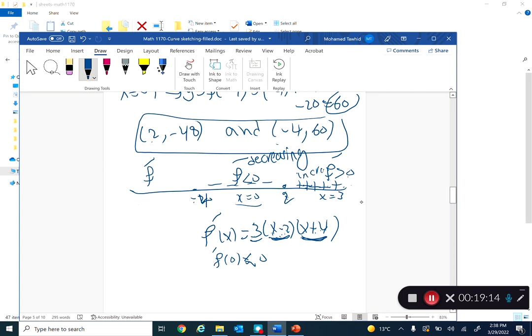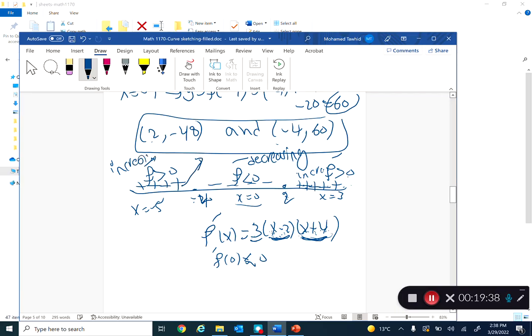And the last one, take x equals -5. Here -5 plus 4 gives a negative sign, and -5 minus 2 is negative. So negative times negative gives positive. So this one here is increasing.